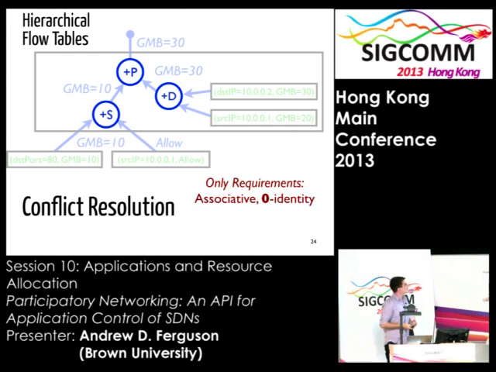Now, the requirements on these three operators are very basic. They must be associative, and this allows us to resolve conflicts in a pairwise fashion between actions. And second, they must support the 0 don't care action as their identity. With these two minimal requirements, we can actually convert the HFT into an efficient implementation, as I'll describe later.